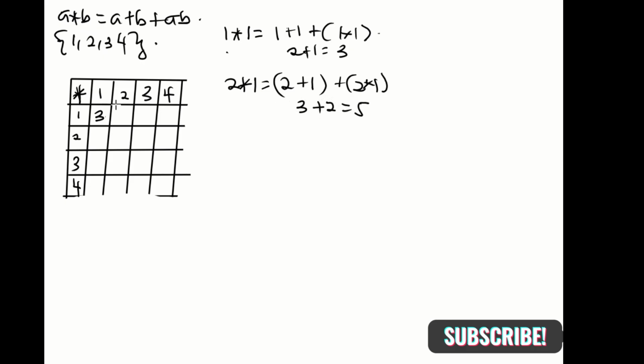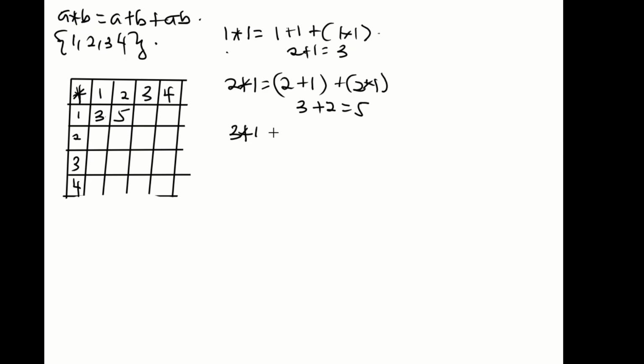The same thing here: 3 operation 1 is 3 plus 1 plus 3 times 1, which is 4 plus 3, and this is 7. So here we have 7.